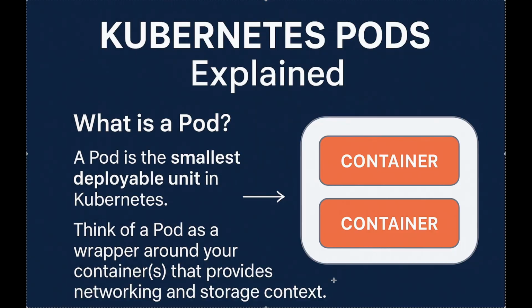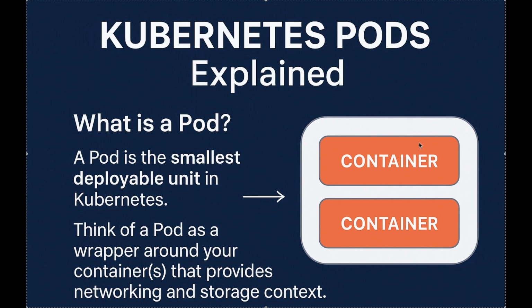So coming to the definition of a pod. What is a pod? Basically, a pod is the smallest deployable unit in Kubernetes. It represents a single instance of a running process. Think of a pod as a wrapper around your container. Basically, you are going to run a container, and the container will be wrapped inside a pod, a wrapper that provides network and storage context to the container.